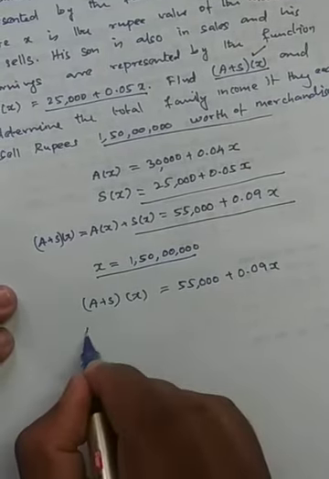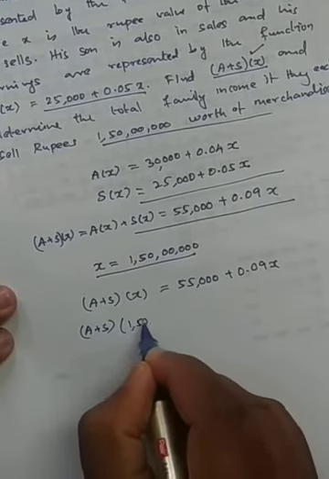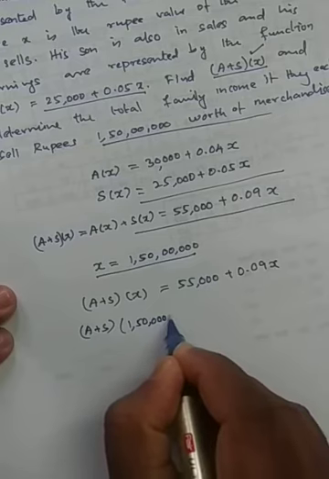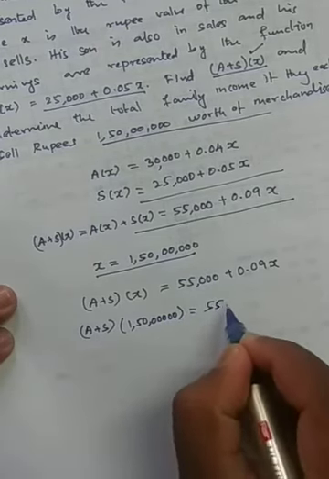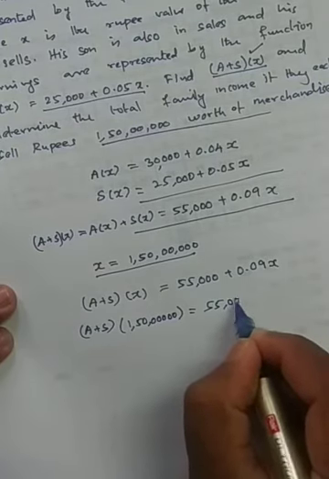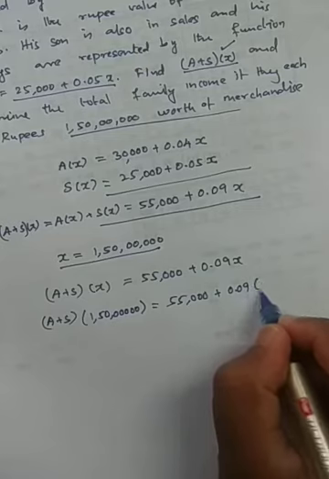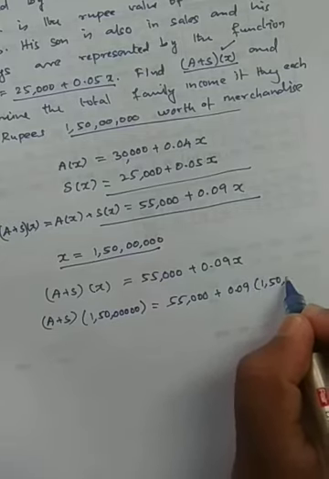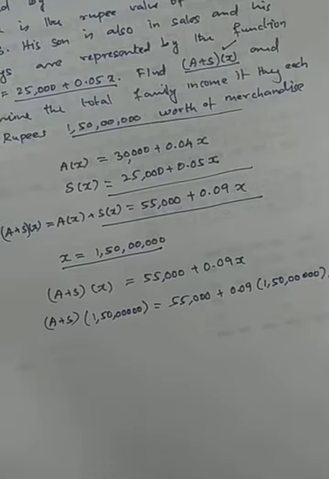In place of x, substituting 1 crore 50 lakhs, what you will get is 55,000 plus 0.09 into 1 crore 50 lakhs.